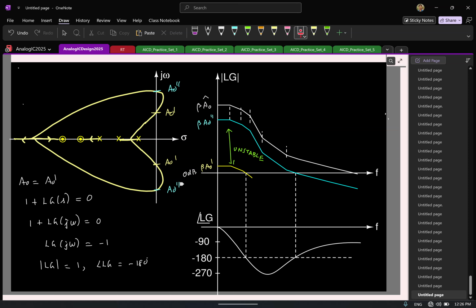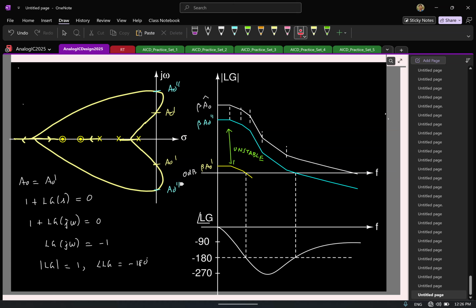And tell me, how did I first conclude that this corresponds to a DC gain of A0 prime? How did I sketch this? I looked at the phase where it is minus 180. When the phase is minus 180, the gain is 0 dB. Same thing for this also. Correct?